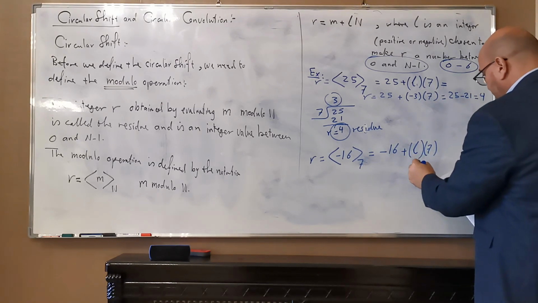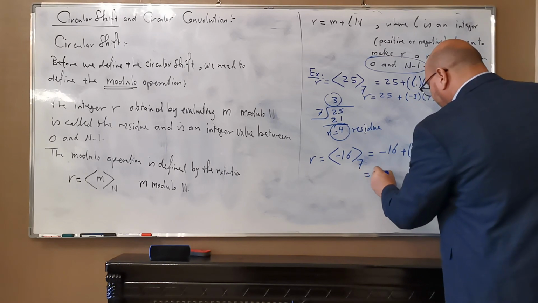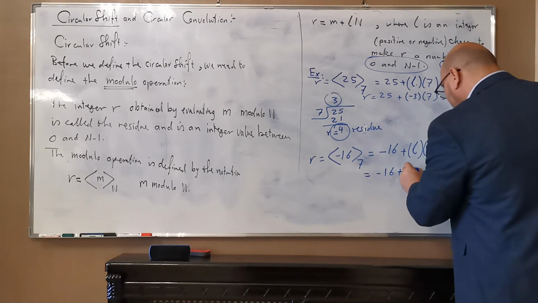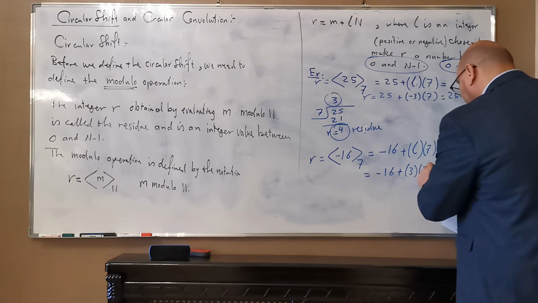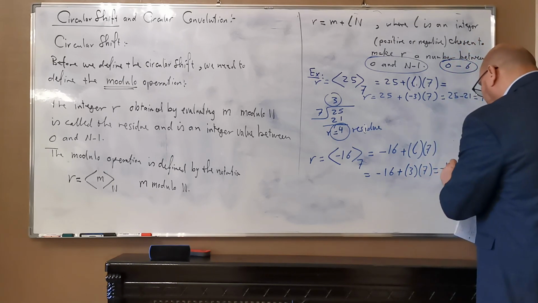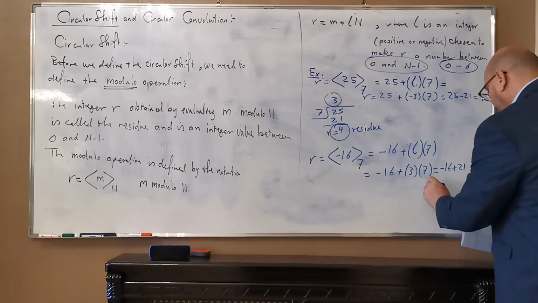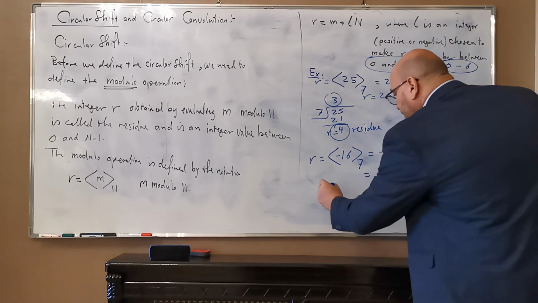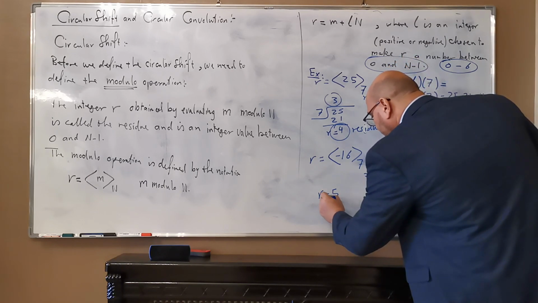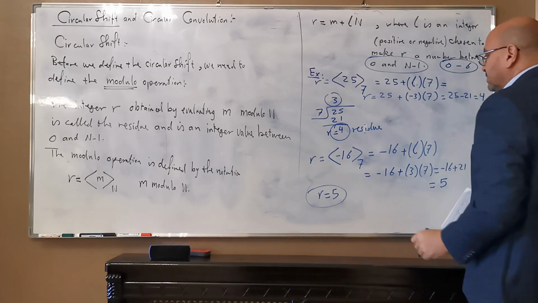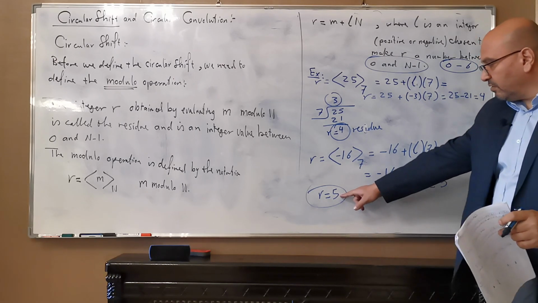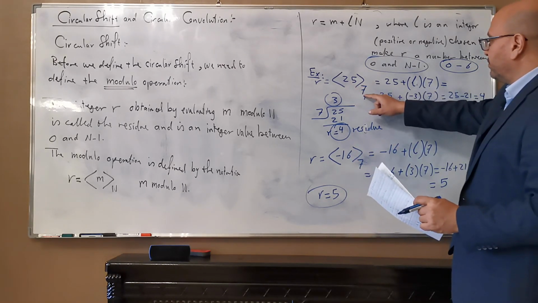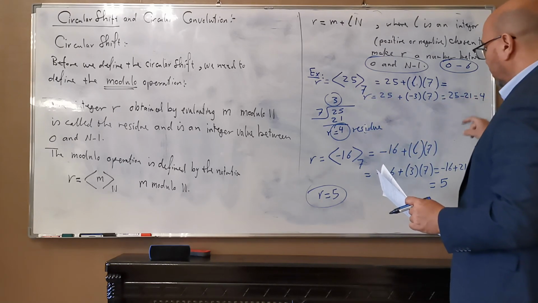We take the same number but with a positive value: plus 3 times 7, so minus 16 plus 21, and the answer is 5. So r is equal to 5 for minus 16 modulo 7, and for 25 modulo 7 it's equal to 4.